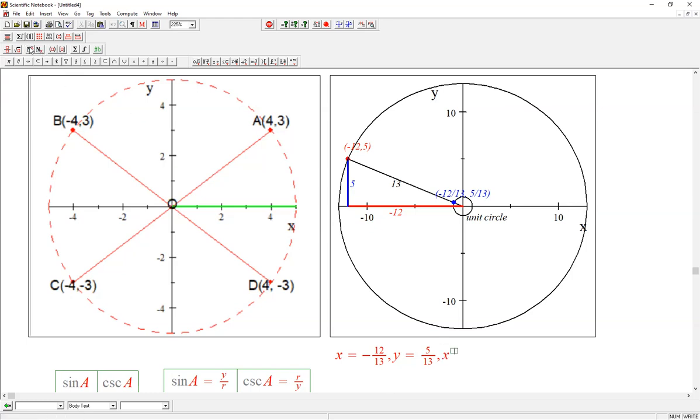So that tells us this point is on the unit circle. Okay, so you can see it is true indeed.